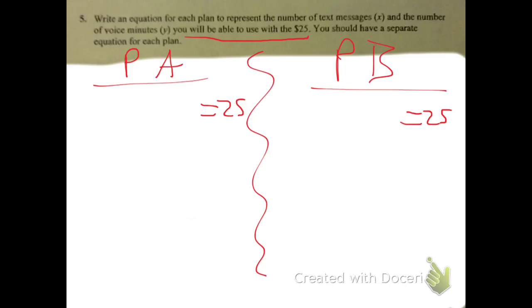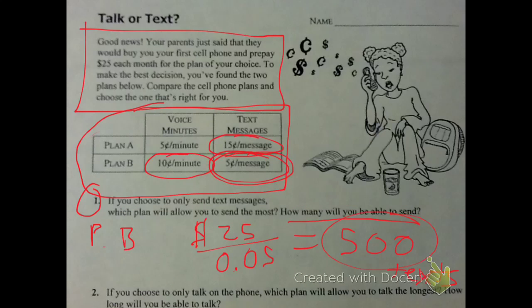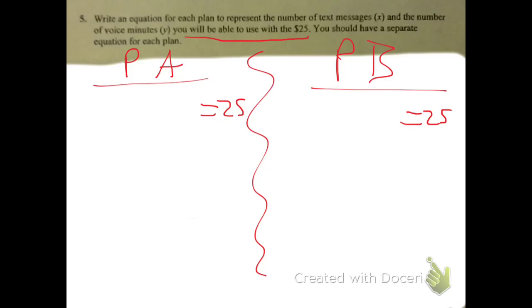So let's look over at plan A real quick. Back here to the front. Plan A, you get 5 cents a minute with voice and 15 cents per text. So we should write out if you send x number of text messages, you have to take that number and times it by 0.15.